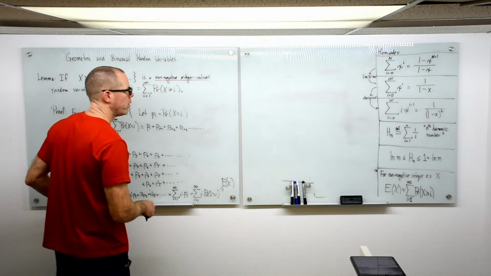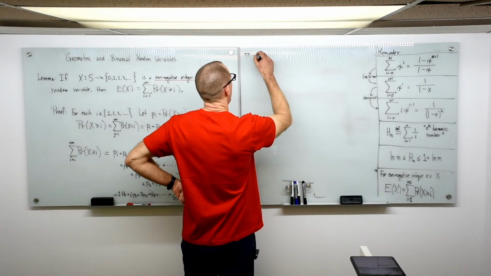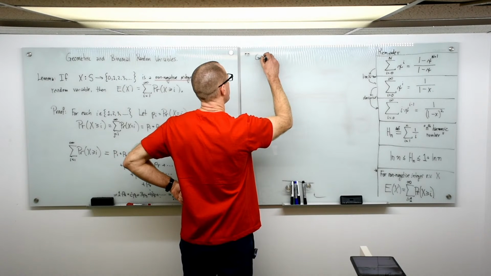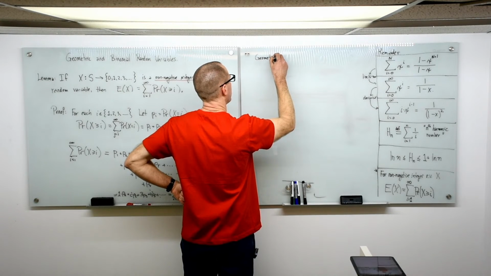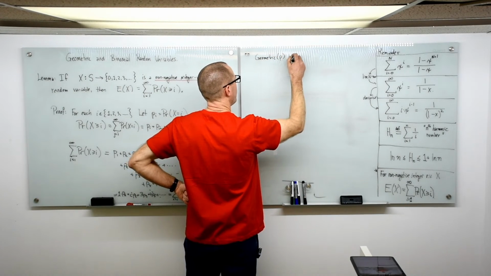Actually, I'll leave that up and put the definition here. So let's start with a geometric p random variable.